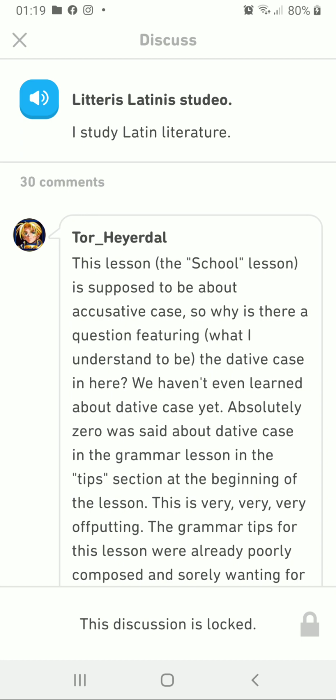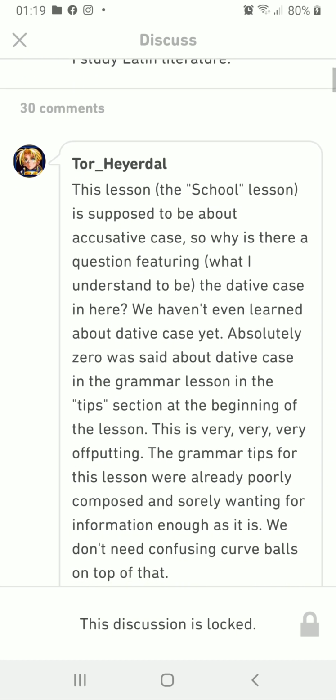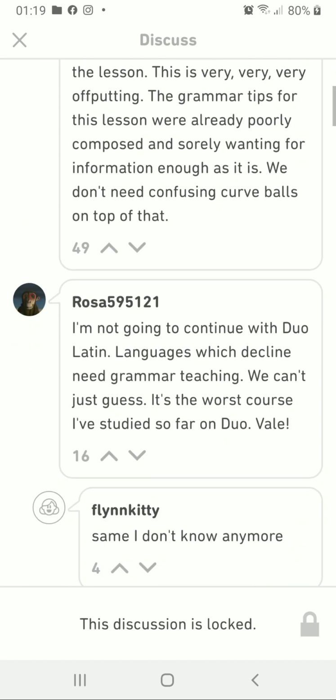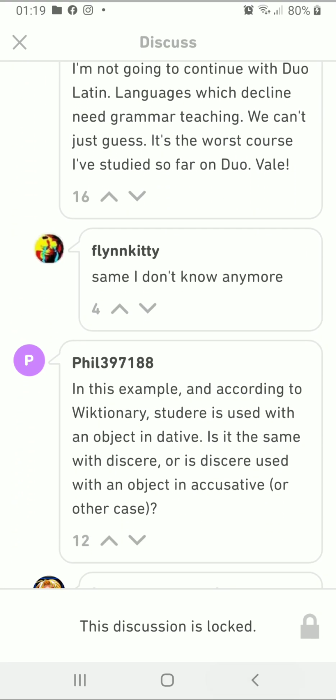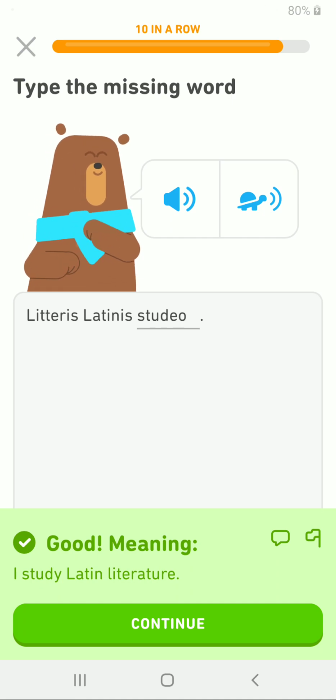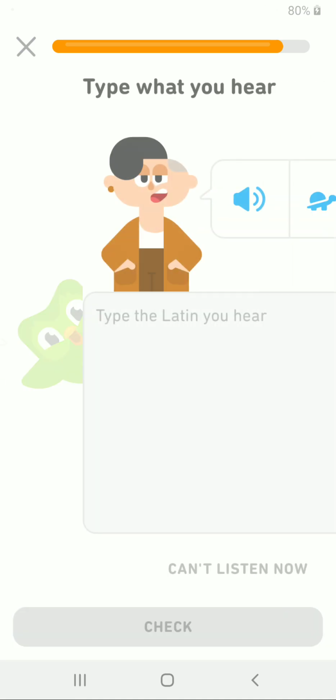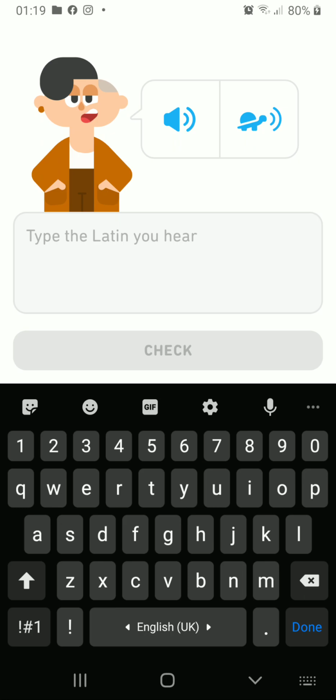So this lesson, the school lesson, is supposed to be about the accusative case. So why is the question featuring what I understood to be the dative case in here? We haven't even learned about it. We saw that before in a previous lesson, and it's so confusing.